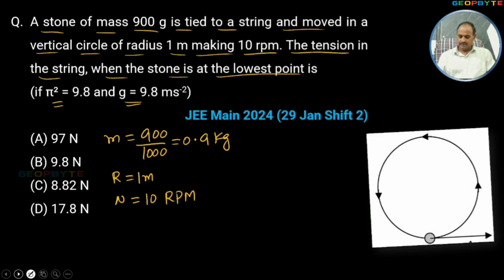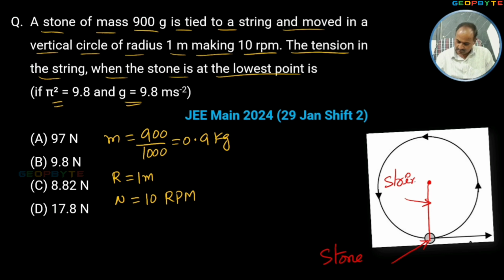Let us assume the stone is connected by means of a string. This is the stone. This is the string of radius r.